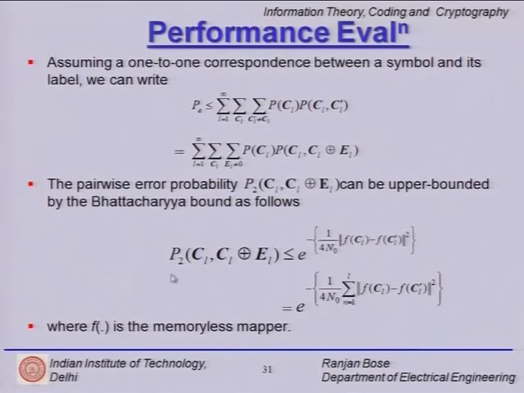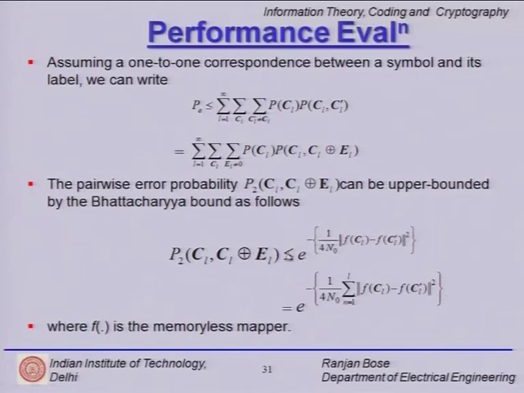So, now we can use the Bhattacharyya bound to upper bound this error event. What is this pairwise error event? The probability between CL being transmitted and CL plus some error being received is now less than a function of CL minus CL prime. It is the Euclidean distance squared, right, where f is a memoryless mapper.